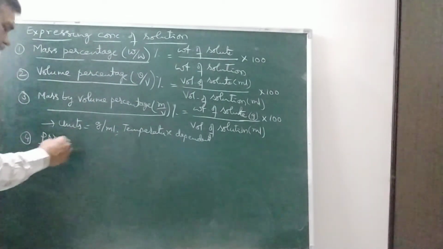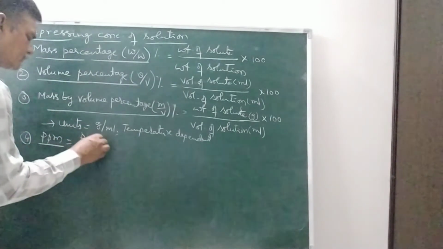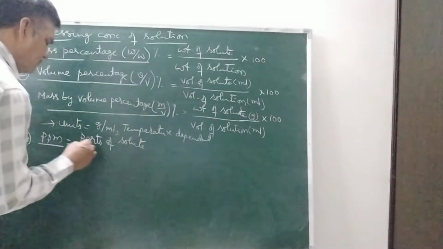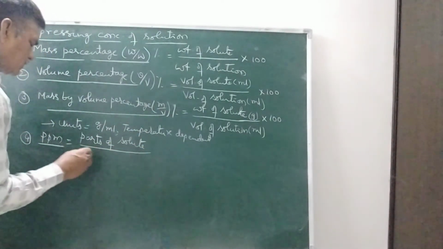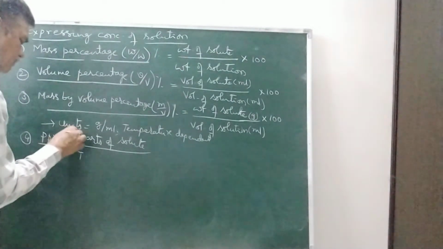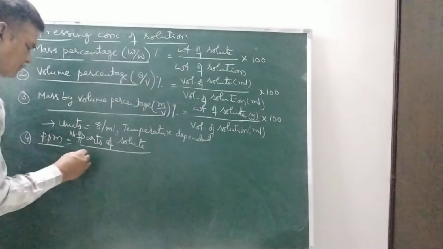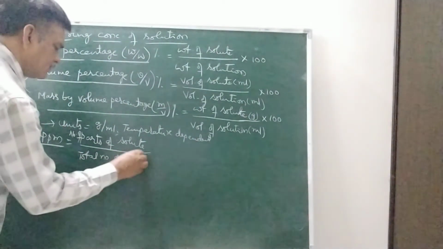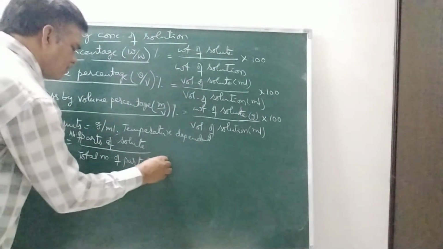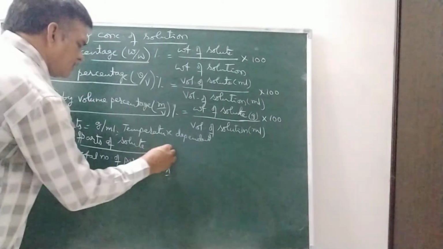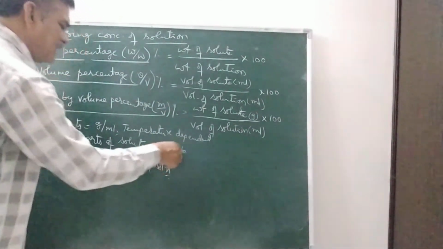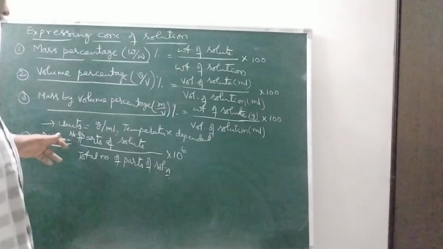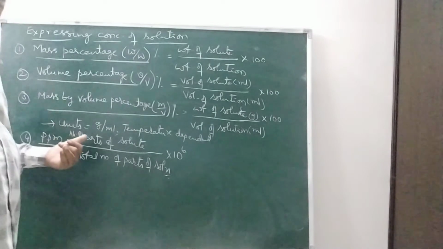Or if we take the formula, parts of solute by total number of parts of solution, into 10 power 6. 10 power 6 means million. So parts per million parts, that is ppm.